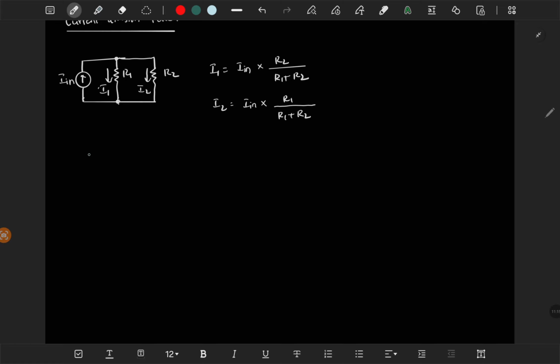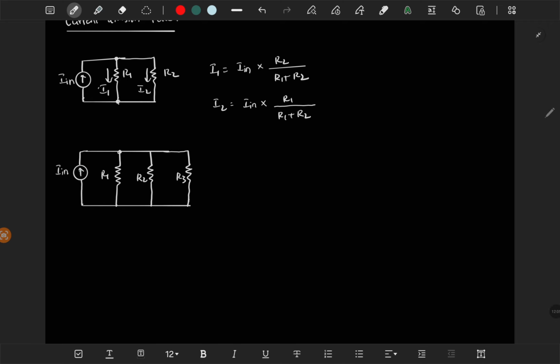Suppose you have, let's say, 3 resistors, then how will you do it? If you have R1, R2, and R3, then if the current enters this node, these are all the same node because there is no resistance connected between any 2 of them, so all these are connected and it is the same node.